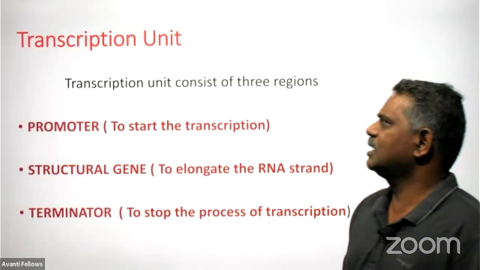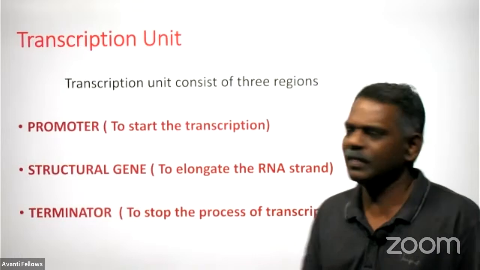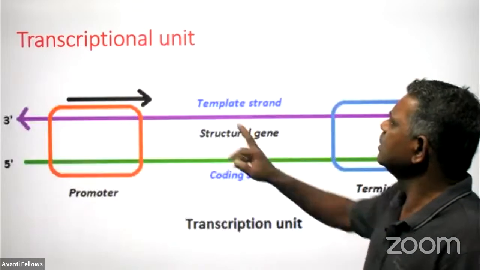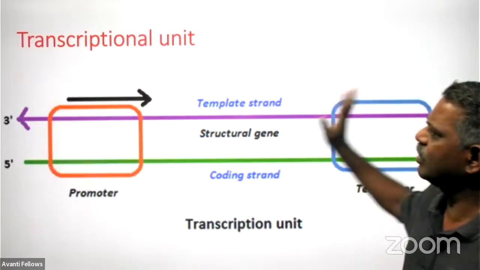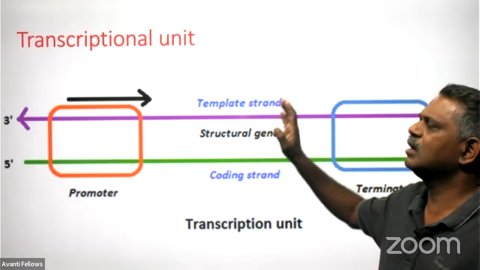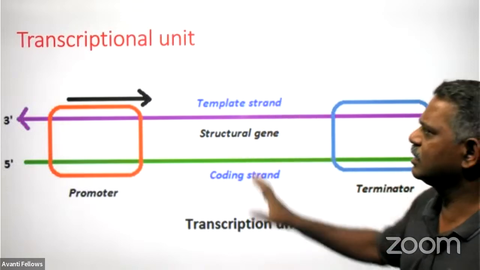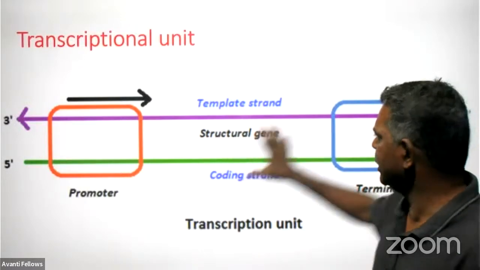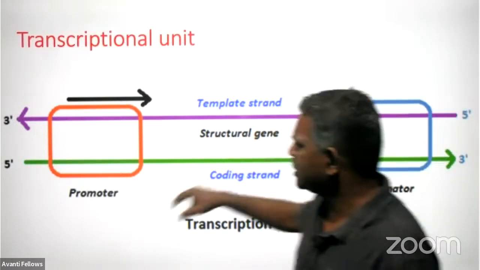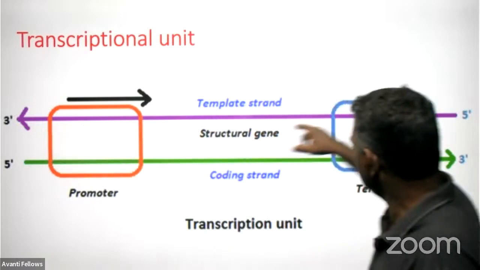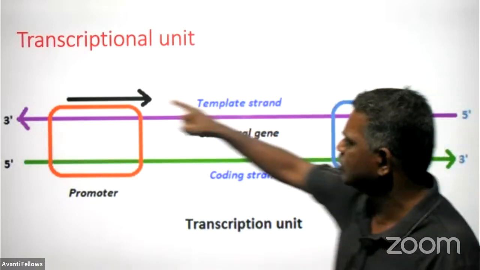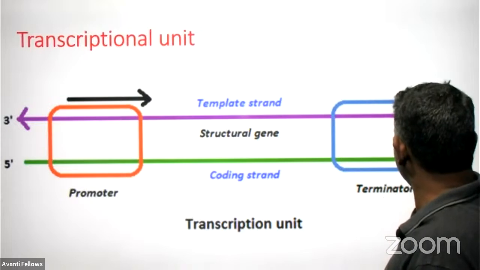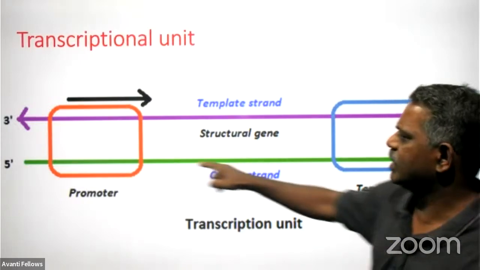Then let us see the transcriptional unit. This is the unit for producing a particular mRNA or RNA, and it is called the transcriptional unit. It is the DNA strand only. One strand runs in the 5' to 3' direction, and the other in the 3' to 5' direction.